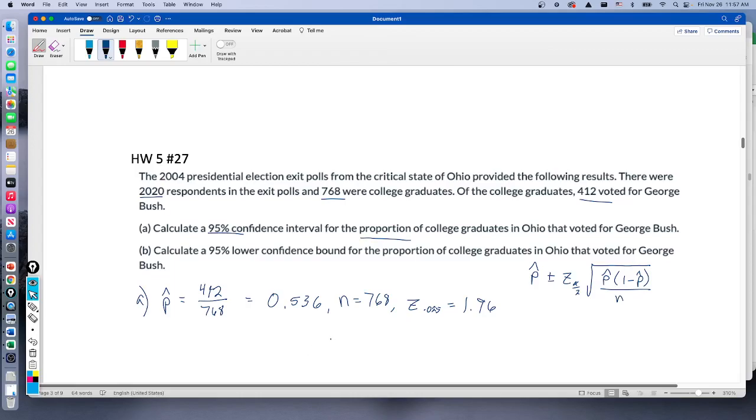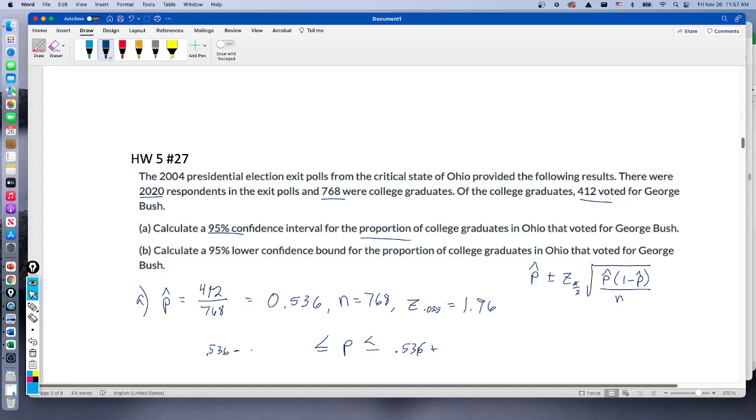So to get that, we're going to estimate that the population proportion, notice there's no hat on it, is going to be estimated by 0.536, that's p hat, that's this part here. The lower half gets minus 0.536 here. The top half is going to add on to that.